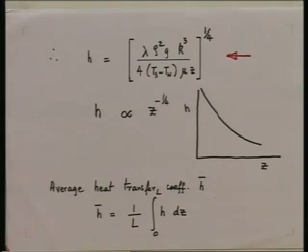The h bar is the average value of h over a length L of the plate. So, I want an average value of h over a length L of the plate. All I do is integrate h over that length L and take 1 upon L of that. That gives me the average value of the heat transfer coefficient. So, let us calculate an expression for h bar now.